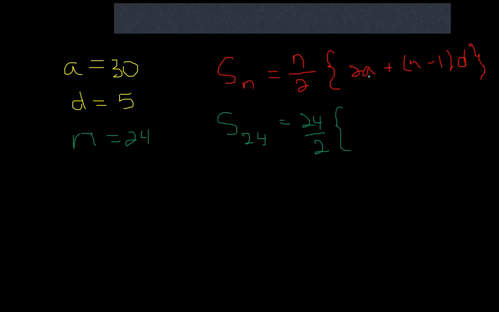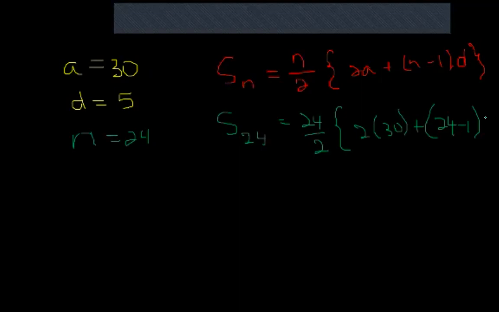In my bracket, 2a, I know a is 30, plus n minus 1, I know n is 24, so that's 24 minus 1, times d, 5. That's it. Simplify. Can you tell me what answer you get? It's in dollars, right?